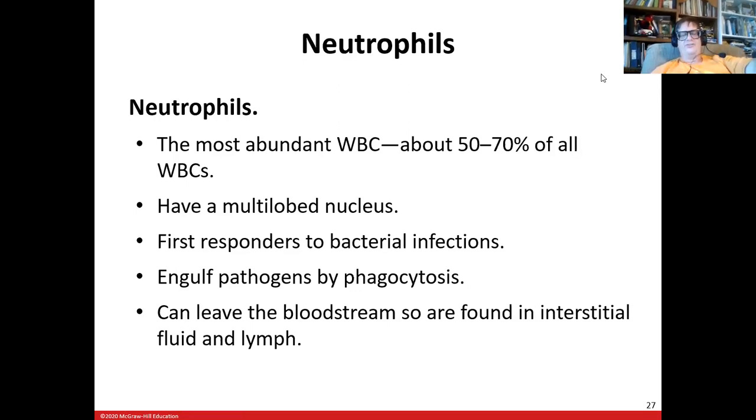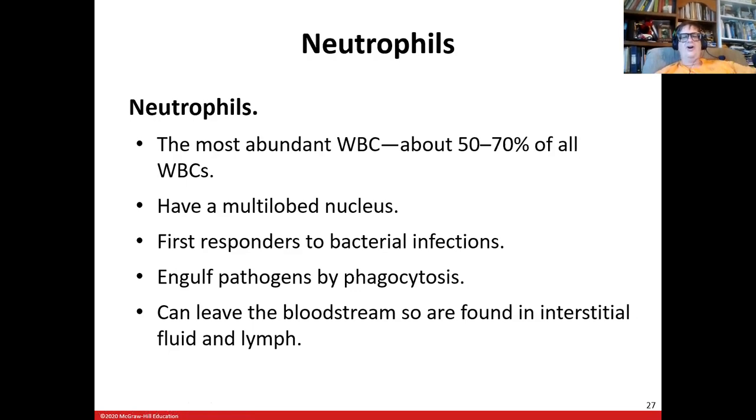They are the first thing to go to an infection and try to fight the bacteria. They work through phagocytosis. Phago means to eat, and cyto means cell. They work by having the cell eat the invaders. They surround them and try to pull them into the cell and digest them.